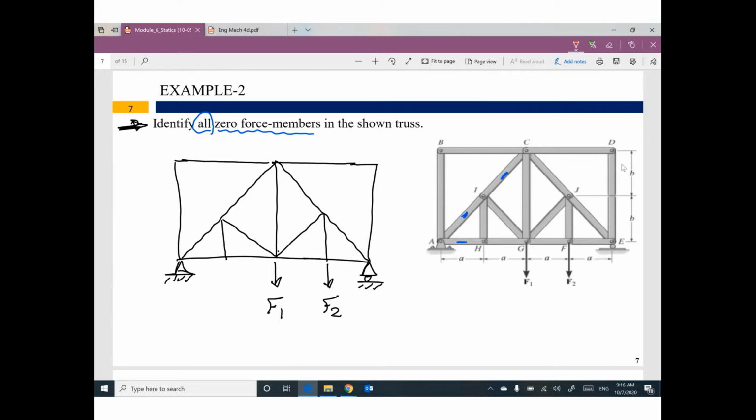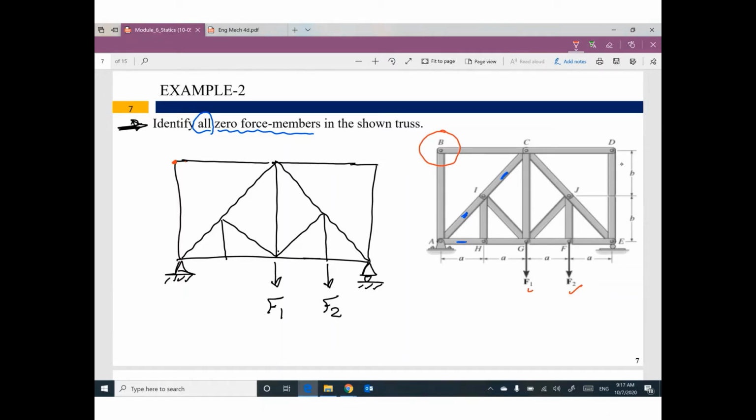Perfect. But be careful. Joint B has 2 members only. Do you have any external forces at this joint? One of you will say, yes, we have F2 and F1. No, I'm talking about joint B. Do you have any external forces acting at joint B?